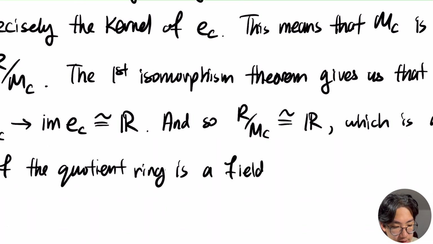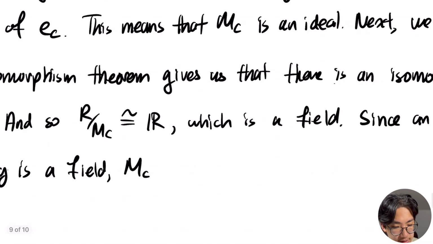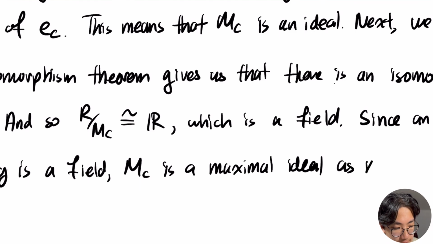Fields. We can then conclude M sub C is a maximal ideal, as needed. That's it for part A.